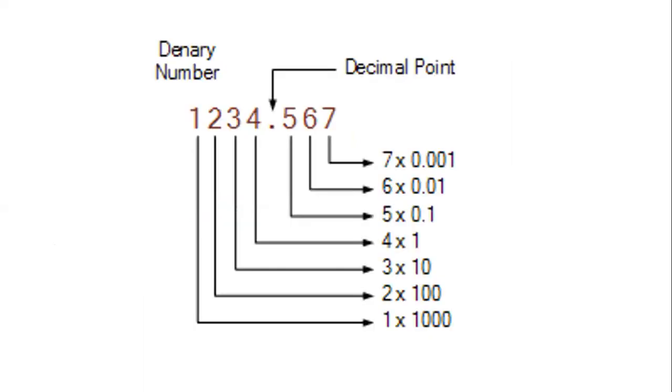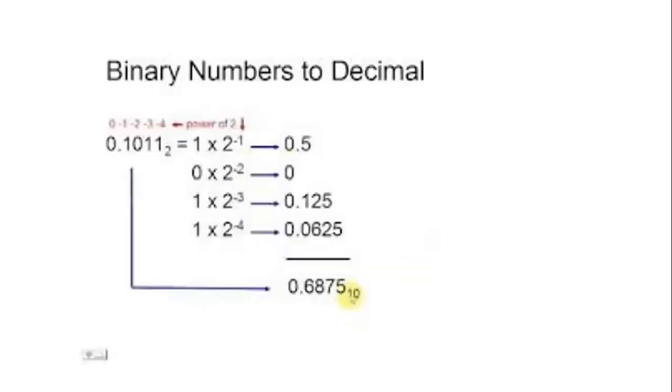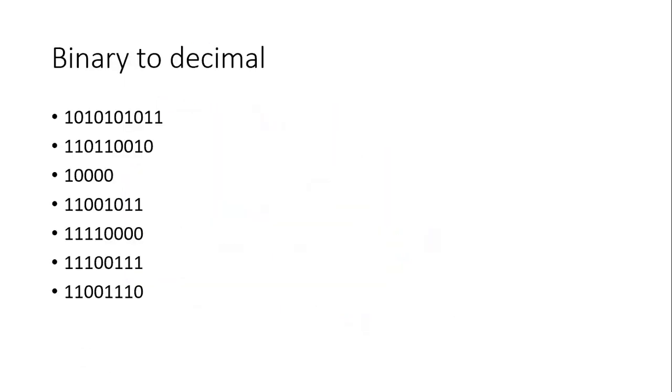Okay, now when it comes to fractional numbers, you will have to convert fractional numbers also. The only difference is after the decimal point, you will multiply by 2. So if I have a number 1234.567, we will do fractions another time.